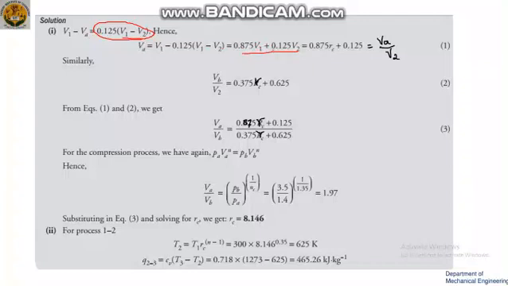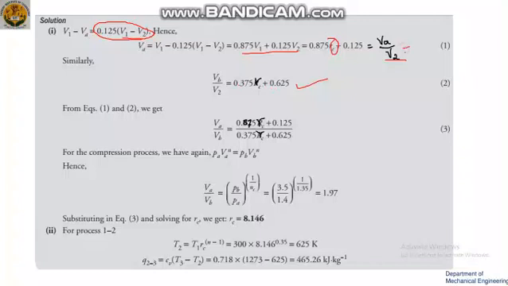Take out V2 outside and you will be left with 0.875 V1 by V2 plus 0.125. This V1 by V2 is nothing but RC. Like that, for the other equation you solve and you will arrive at equation 2: VB by V2 is equal to 0.375 RC plus 0.625.